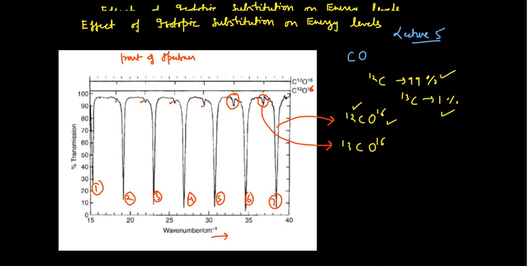When the natural abundance is 1%, it can be detected in only a very small amount in the spectroscopy. That's why the peak is very small. These are the very small peaks, and they are due to the carbon-13 isotopes of carbon.